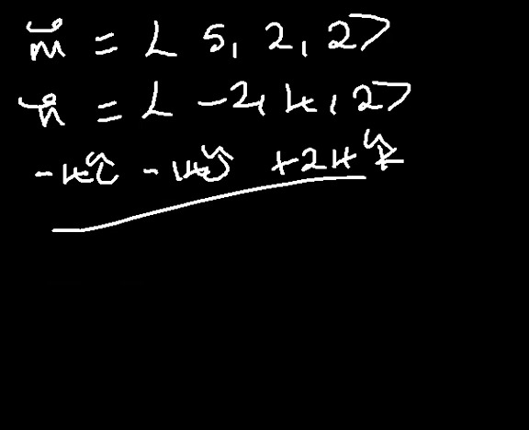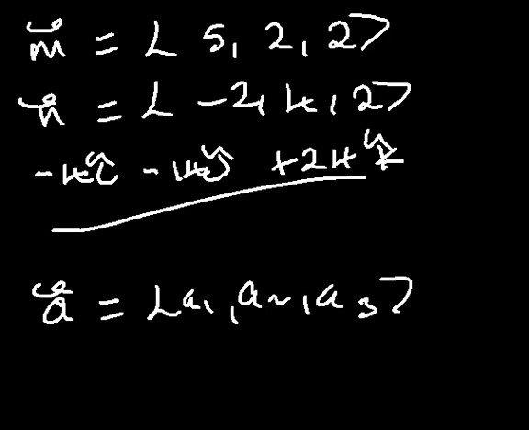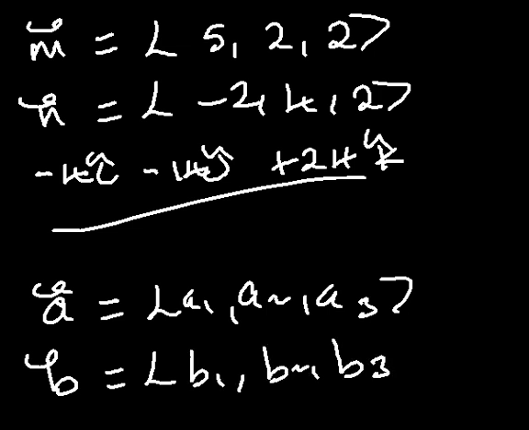So what is the orthogonal theory of the cross product of the two vectors? Let's say we have a vector A that is given as A1, A2, and A3, and a vector B that is given as B1, B2, and B3.